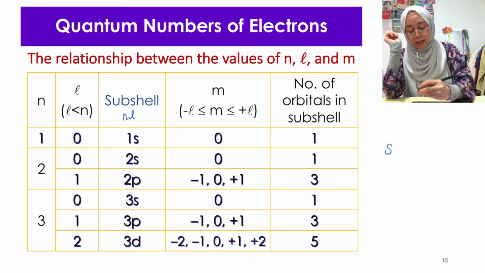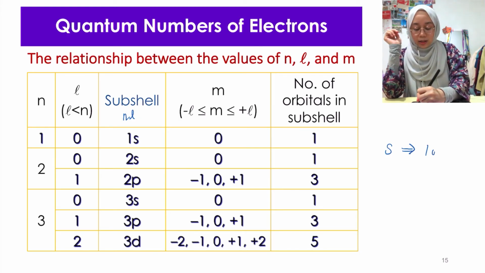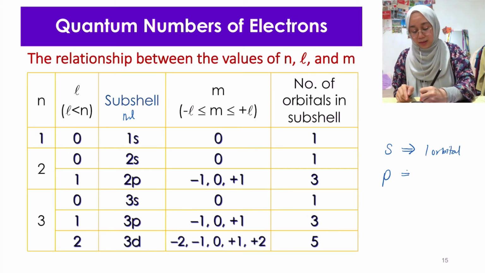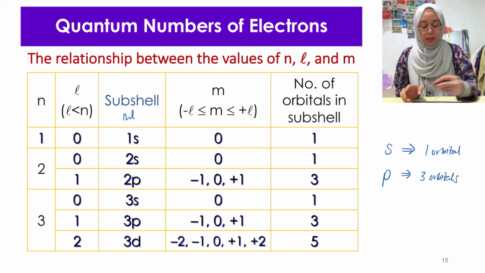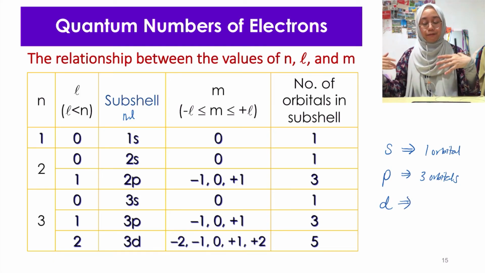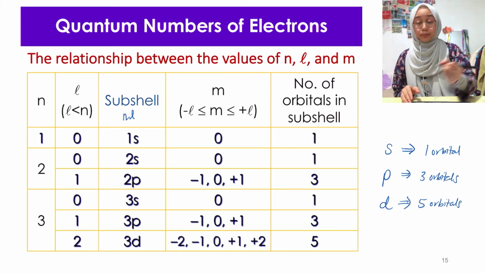So, kalau kamu perasan, okay, semua S orbital, kalau shape dia adalah S, kita ada 1 orbital. Okay. Kalau P pula, kalau kamu tengok P, kita ada 2P dengan 3P kat sini. Dia ada 3 orbital. Okay, we have 3 orbitals. And then kalau D pula, kalau kamu try pergi kepada 4D, 5D and so on, kita akan ada 5 orbitals.